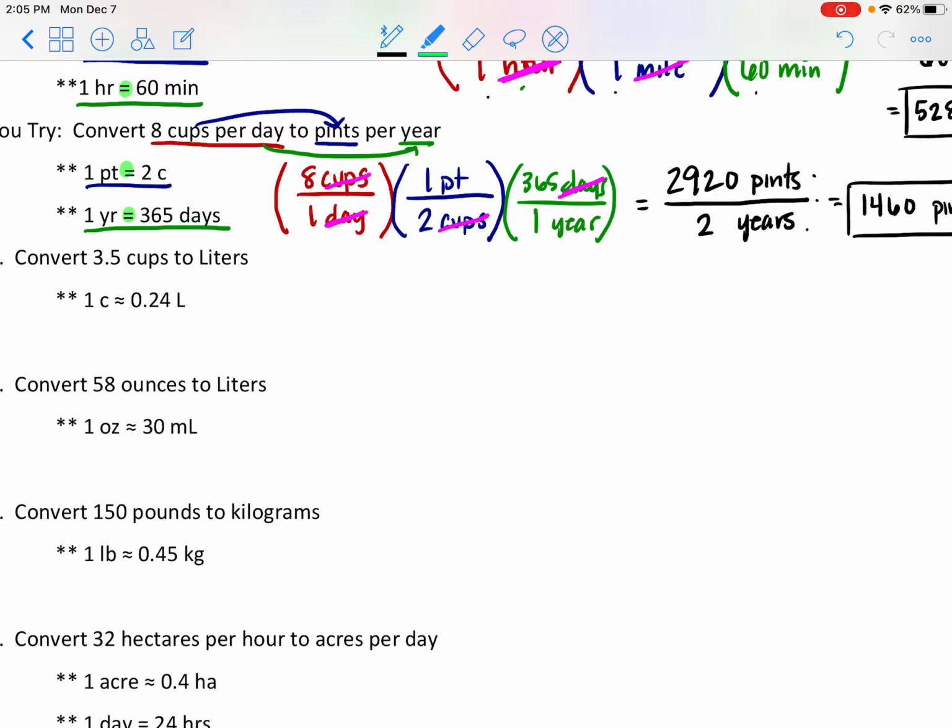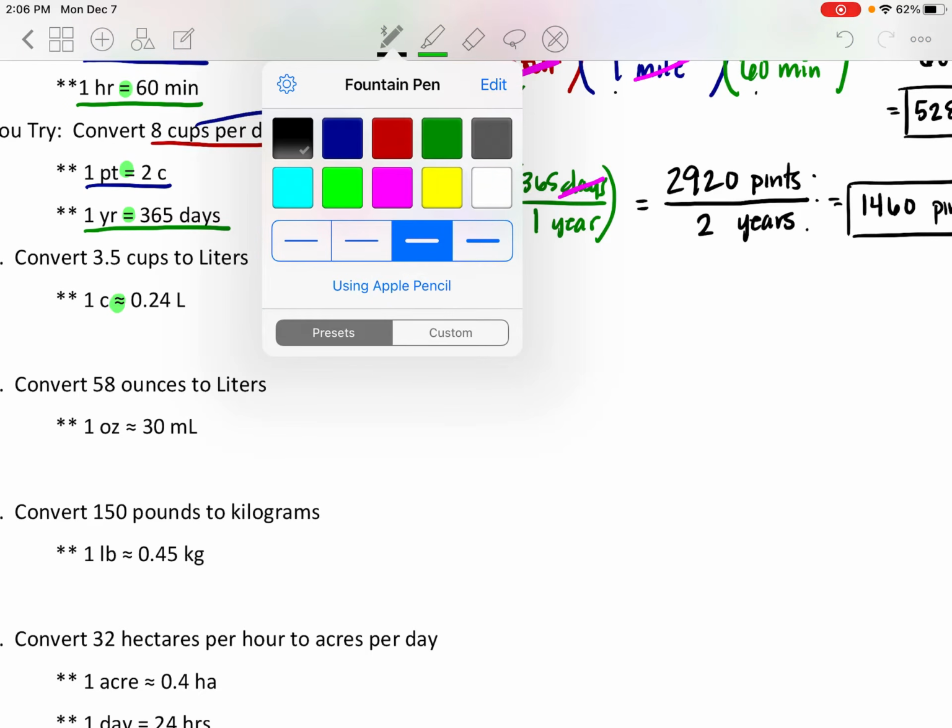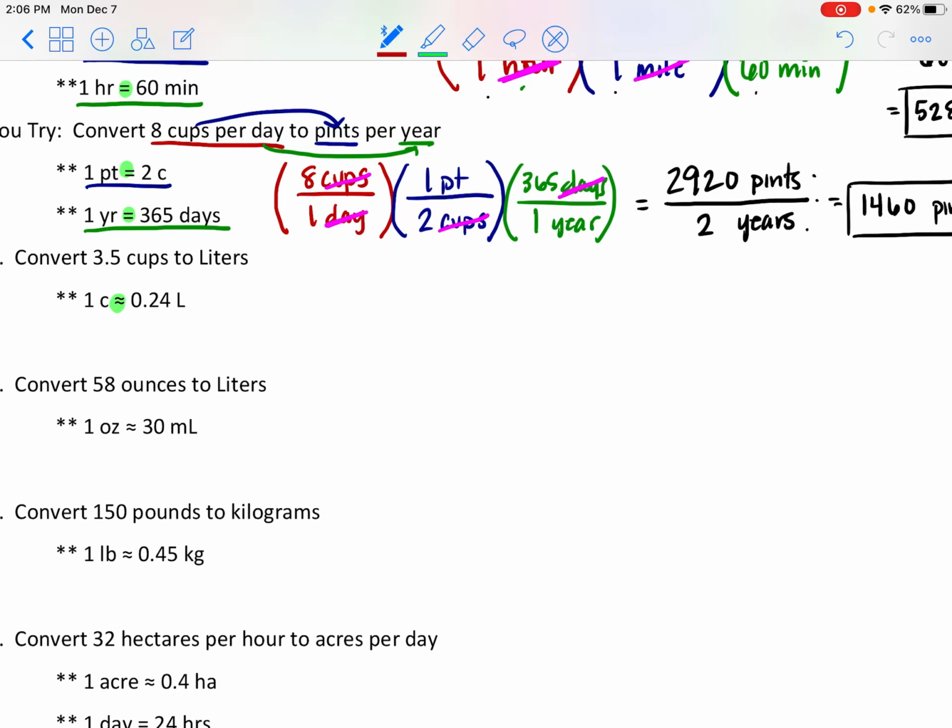So you're going to see here your squiggly equal, which just means 1 cup is about, it's pretty close to 0.24 liters. Okay, so for example, this works the same, by the way. It's just we're going from a standard to a metric measurement now. We're starting with 3.5 cups.